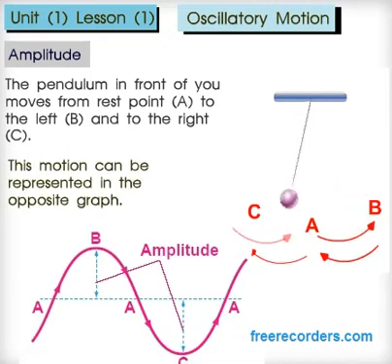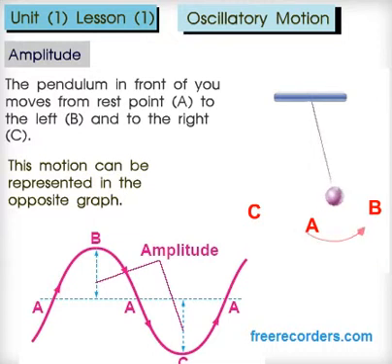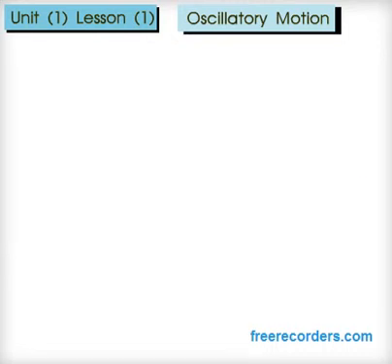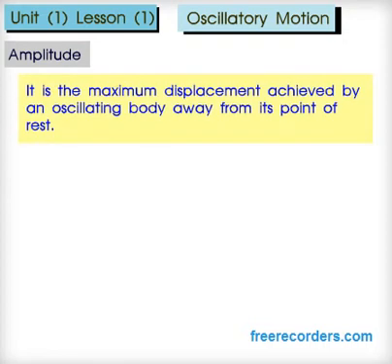Amplitude. The pendulum in front of you moves from rest point A to the left B and to the right C. This motion can be represented in the opposite graph.